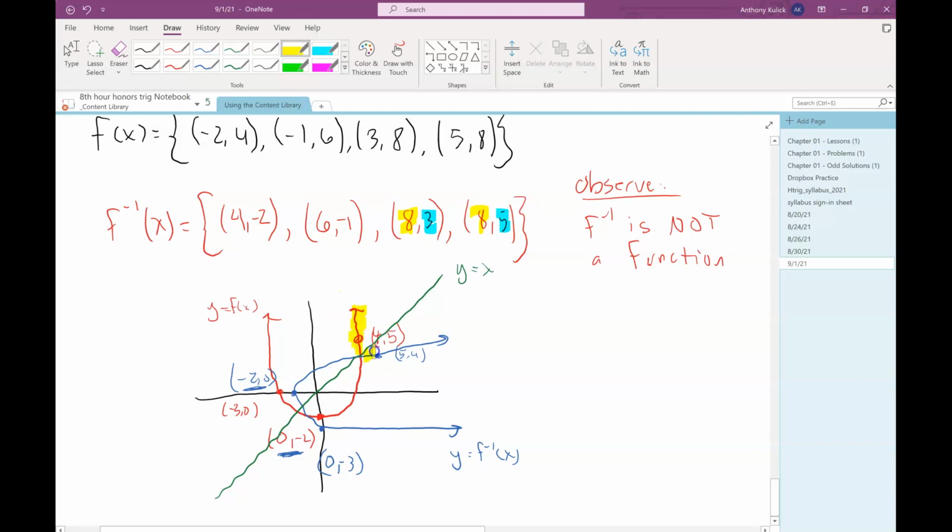So this part when I reflect across is giving me that, and this part when I reflect it across is giving me that, and then this part when I reflect it across is giving me that. You could do it that way as well, but I find that to be a little bit more challenging to visualize what that inverse is going to look like.